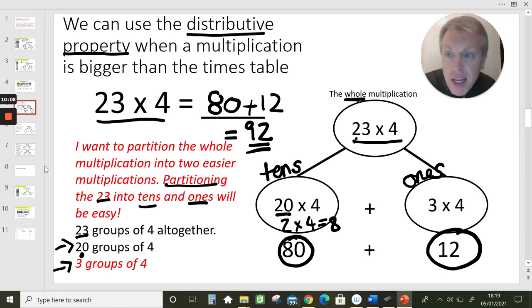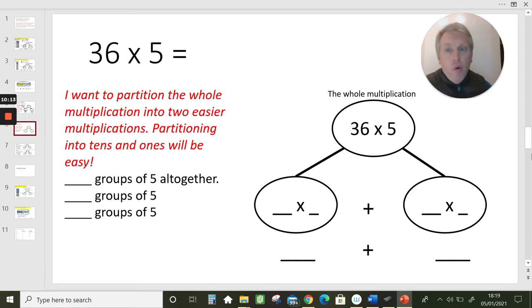So let's look at one more like this, and then I'll show you what your work is. 36 times 5. Well, I know my 5 times table. And what I want to do is think to myself, okay, 36 times 5. Well, before I start working it out, I've got to understand. 36 times 5 means 36 groups of 5 altogether.